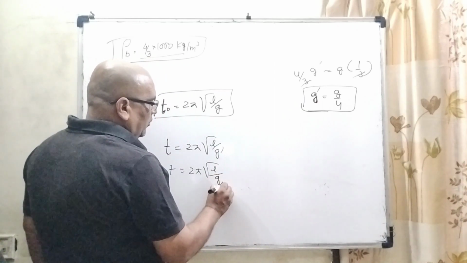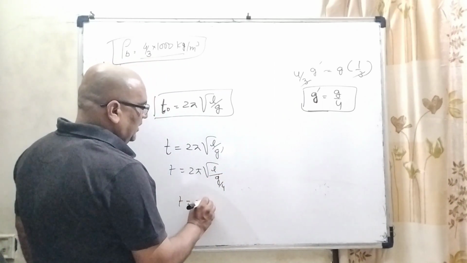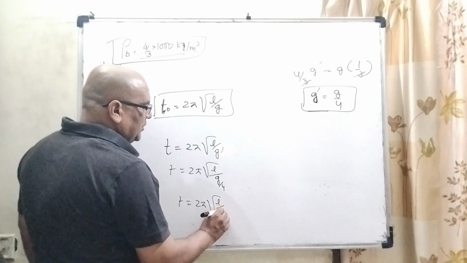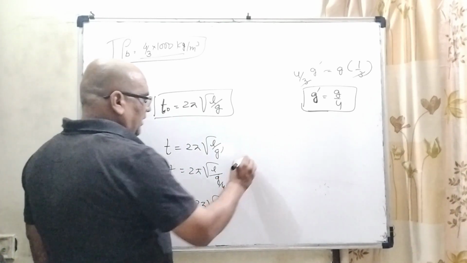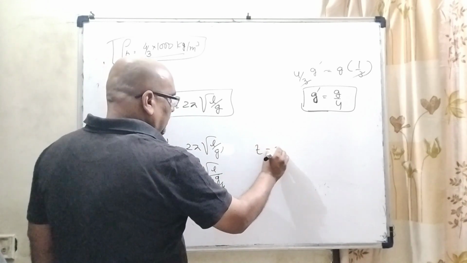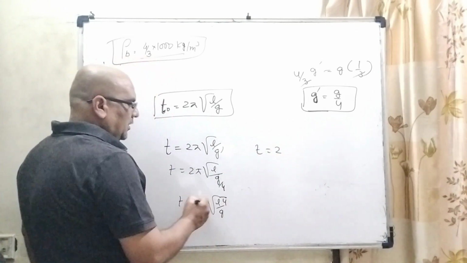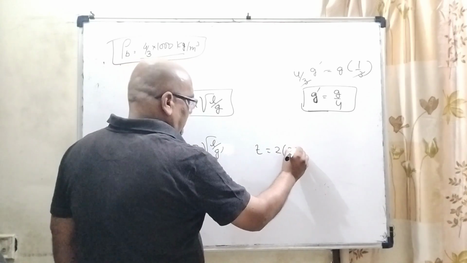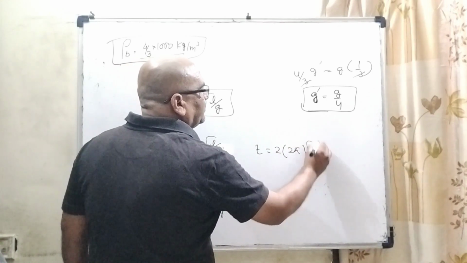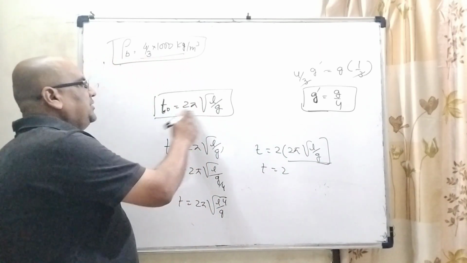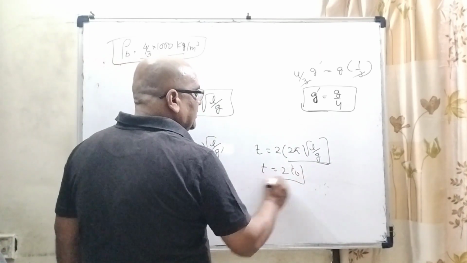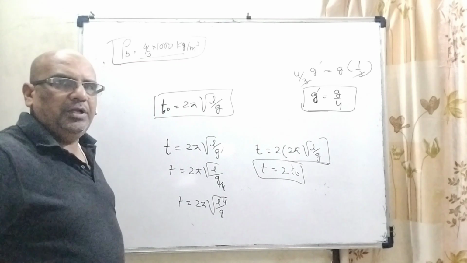So T equals 2 pi root of L by g upon 4, with 4 in the numerator, and root 4 is 2. So take 2 outside: 2 pi root L by g. Here 2 pi root L by g is T naught. So the relation is T equal to 2 T naught.